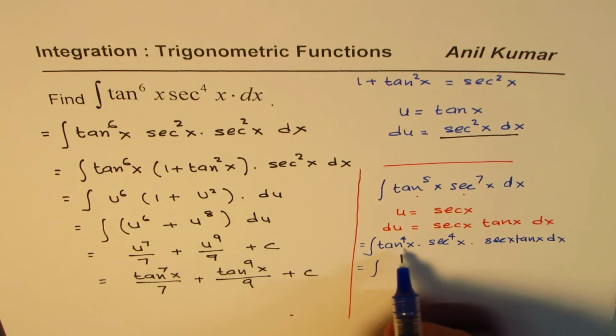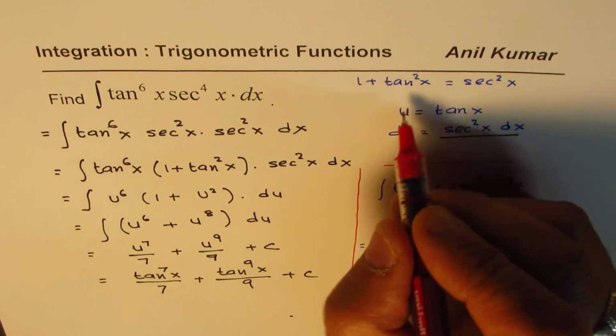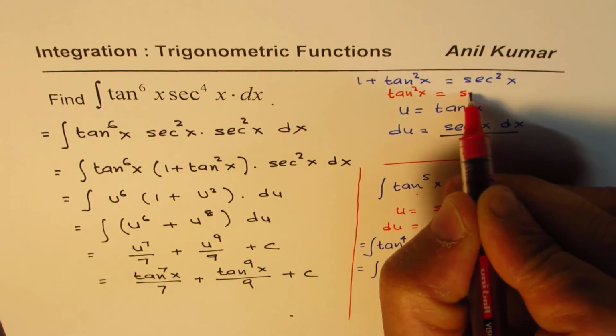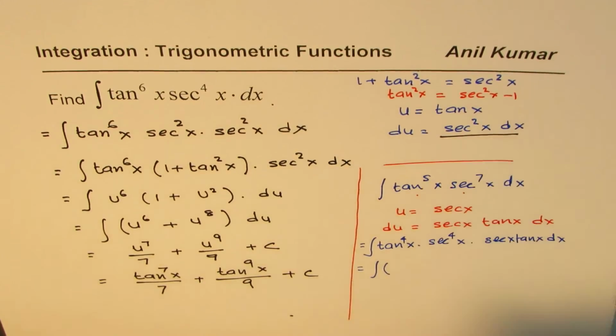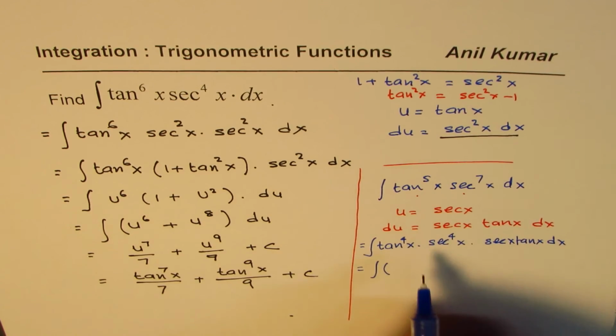So tan square x will be equal to secant square x minus 1, right? So we'll replace tan square x with secant square x minus 1.